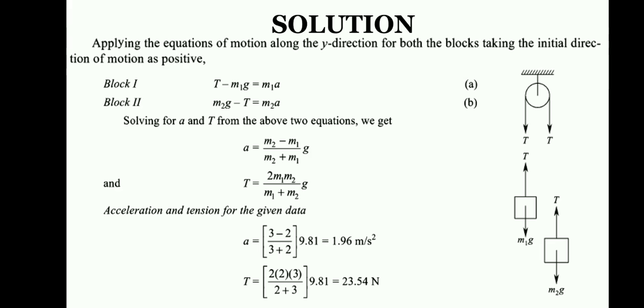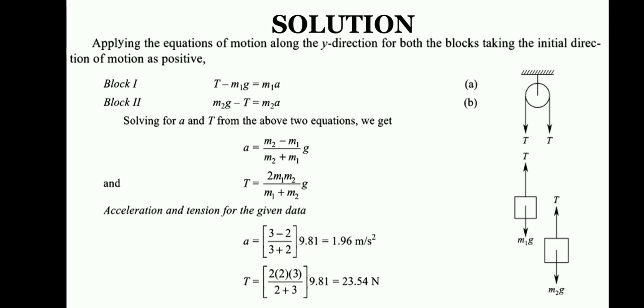Writing the equation of D'Alembert's principle for block 1, the net force equals T minus m1g. Clear? So T minus m1g equals mass times acceleration. In the case of block 1, mass is m1 and acceleration is common for both blocks, taken as a. So m1 into a. The first equation is T minus m1g equal to m1a, taken as equation A.